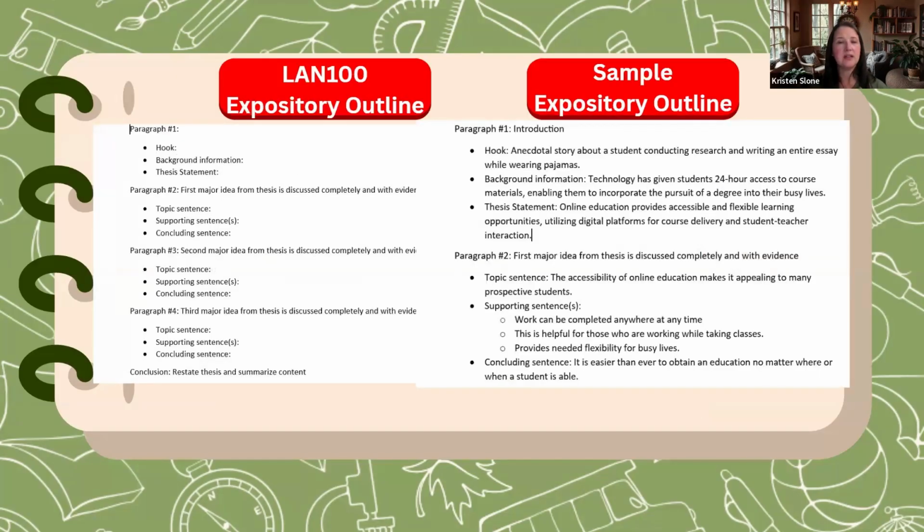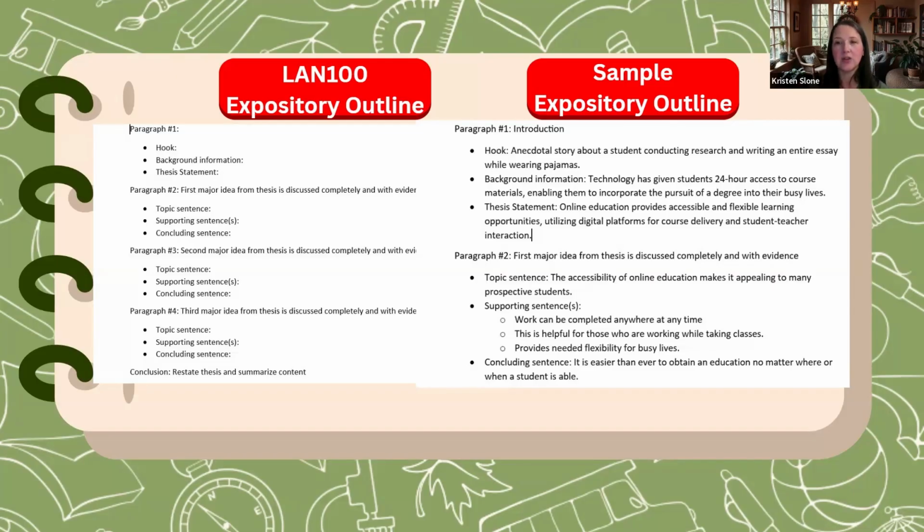So if I put this Land 100 sample essay on the left, here's how I could outline a topic on the right, okay? So my first paragraph, okay? My hook is an anecdotal story about a student conducting research and writing an entire essay while wearing pajamas. And then my background information, okay?